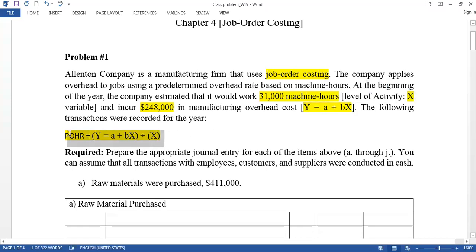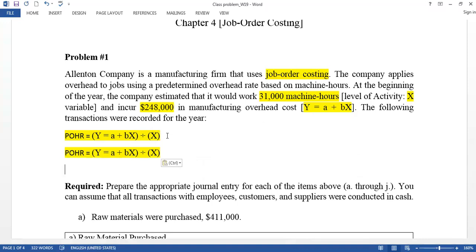So we have given X and we have given Y. And if you remember the formula to calculate the predetermined overhead rate, the formula is Y divided by X, because we know that Y equal A plus BX.